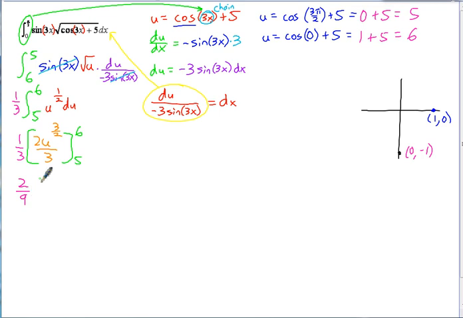And if we simplify what's inside, instead of u to the 3/2, it's the same as the square root of u cubed, evaluated from 5 to 6. So we've got 2/9 on the outside. Substituting the upper limit first, 6, that would be the square root of 6 cubed, minus, substituting the lower limit, the square root of 5 cubed.